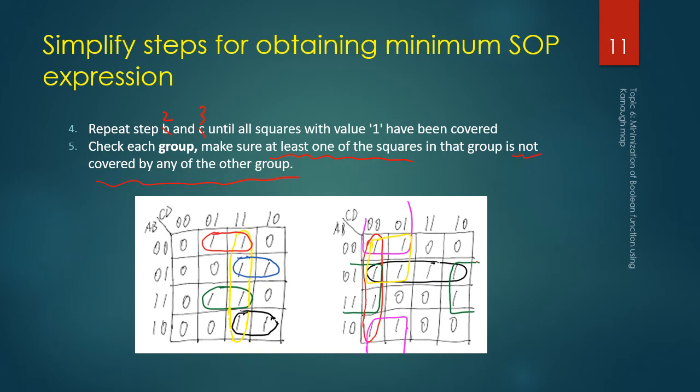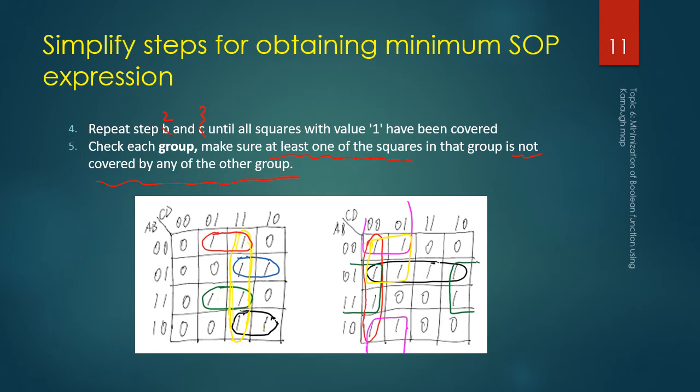What do I mean? For example, say I have a K-map that looks like this, and I did the grouping. So I got 2 here, 2 here, 2 here, 2 here. Then I found, okay, I can also do a 4 here, right? But if you check this yellow group, each square in this group is already grouped in some other groups, right?